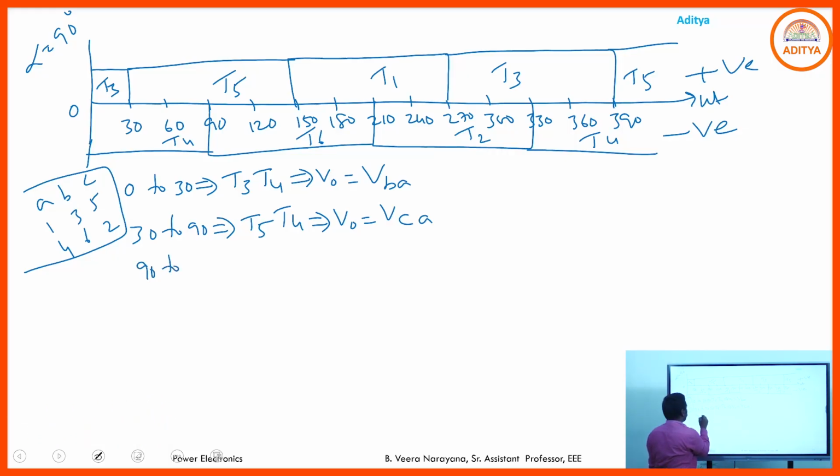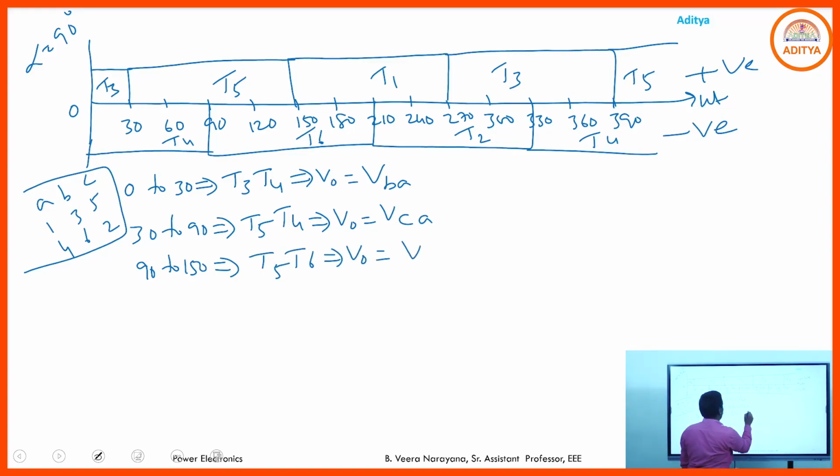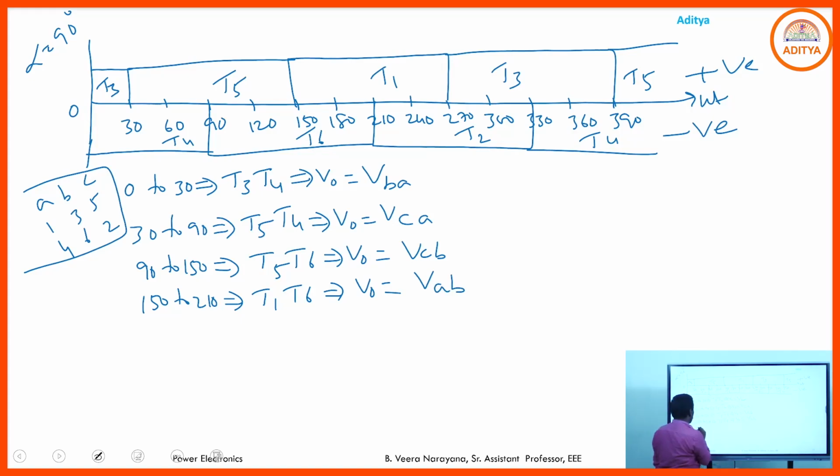90 to 150: T5, T6. Then what is V0? VCB. 150 to 210: T1, T6. Then V0 is equal to VAB. 210 to 270: T1, T2.